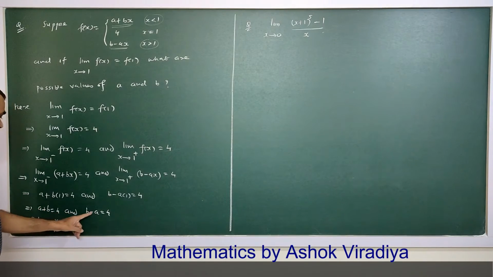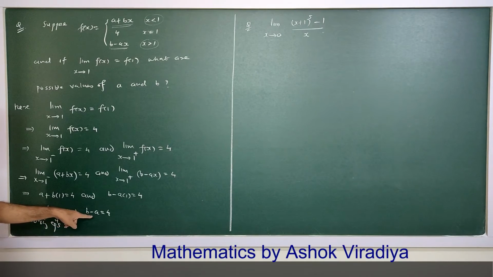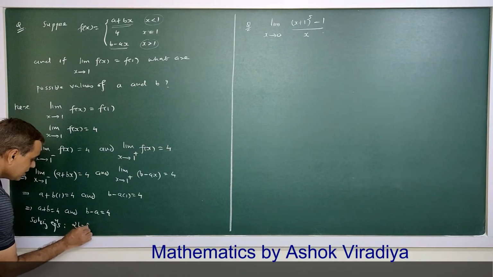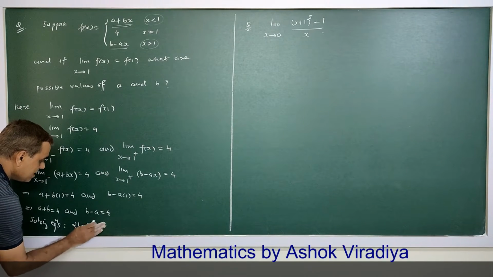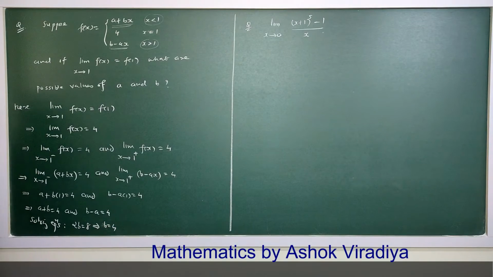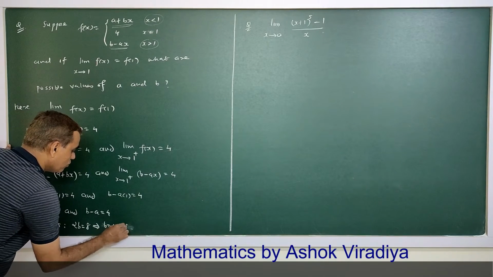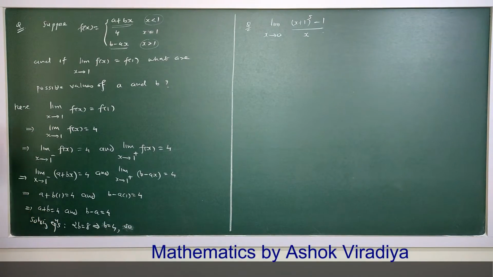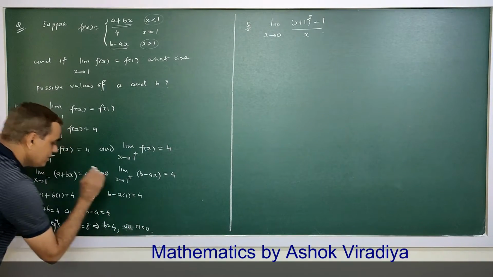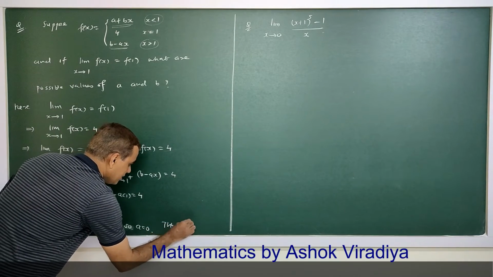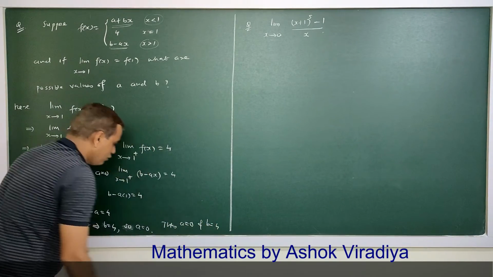Adding these equations, minus a plus a will be cancelled. b plus b is 2b. 2b is 8. That means b equal to 4. And putting b equal to 4, a is 0. So therefore a is 0 and b is 4.